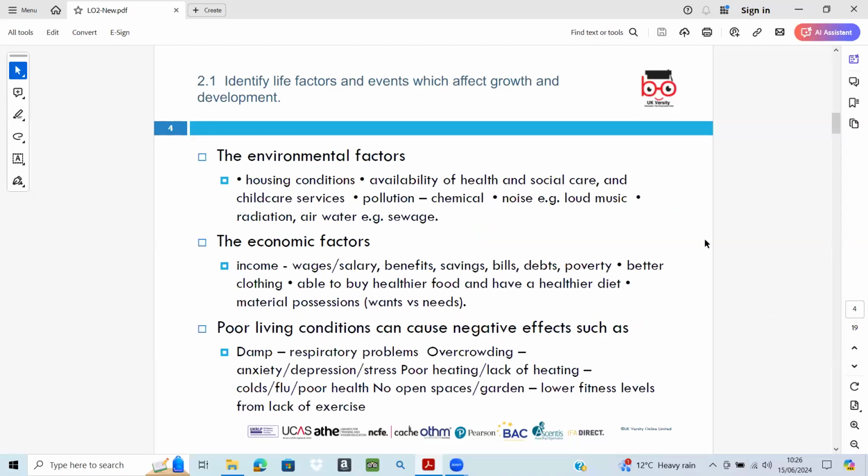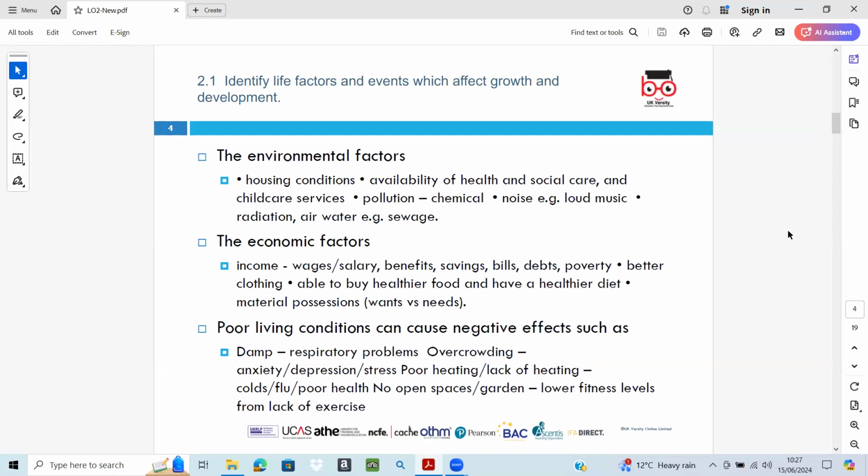Right. Here we have to identify life factors and events which affect growth and development. So we have the environmental factors, economic factors, poor living conditions.